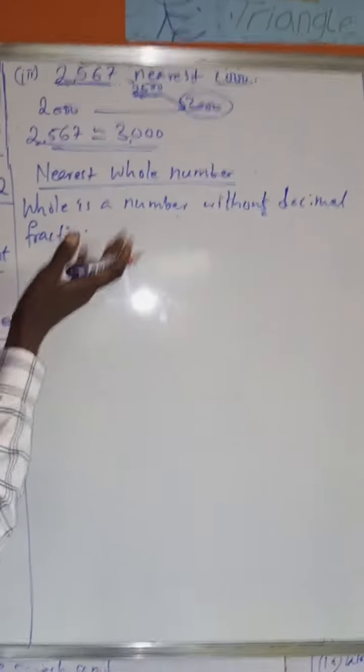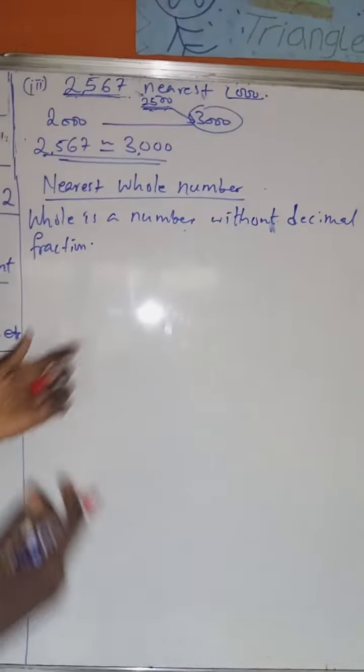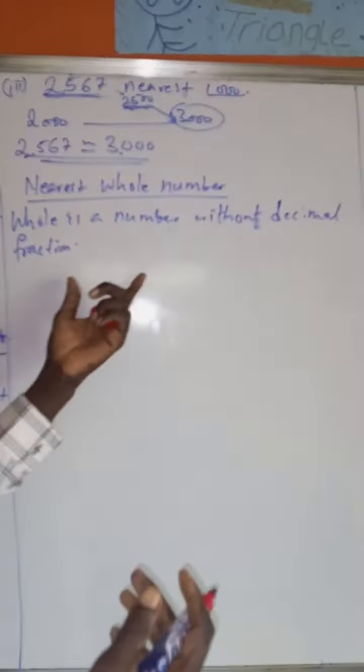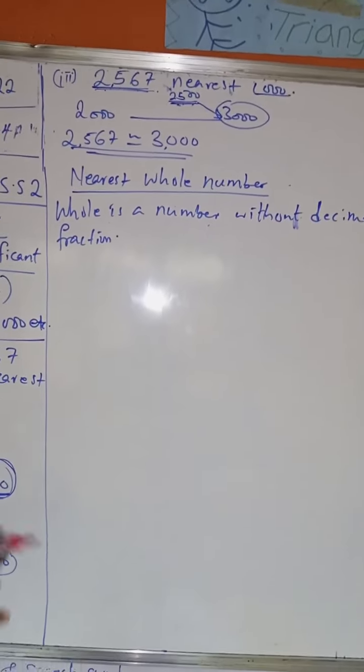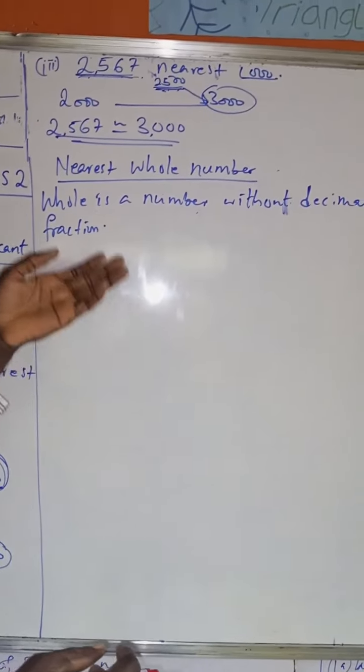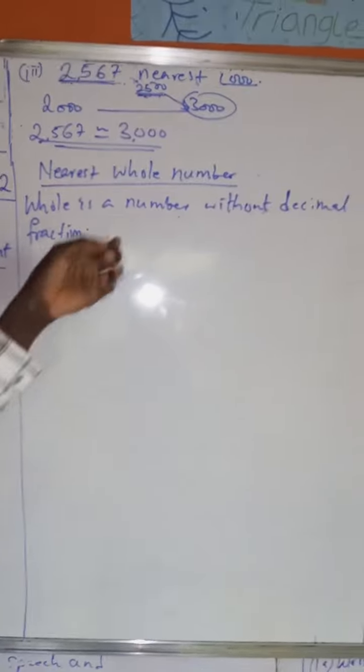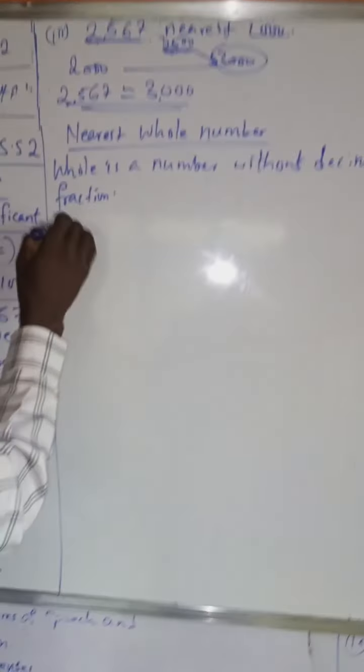Although you will be given a number with a decimal, you are now asked to turn it to a number without a decimal. So let's see an example.